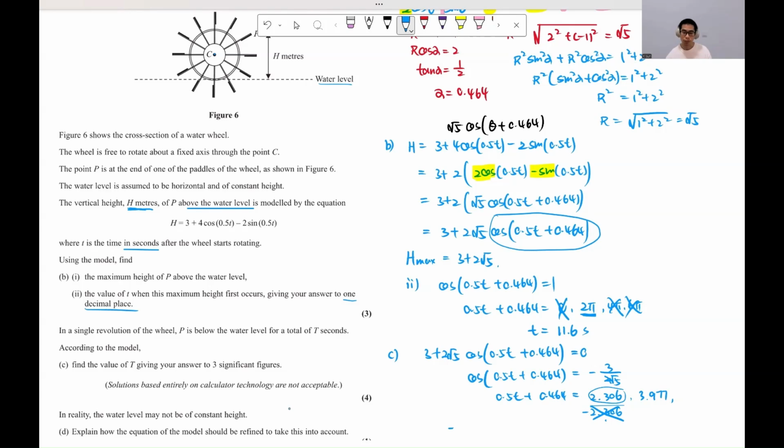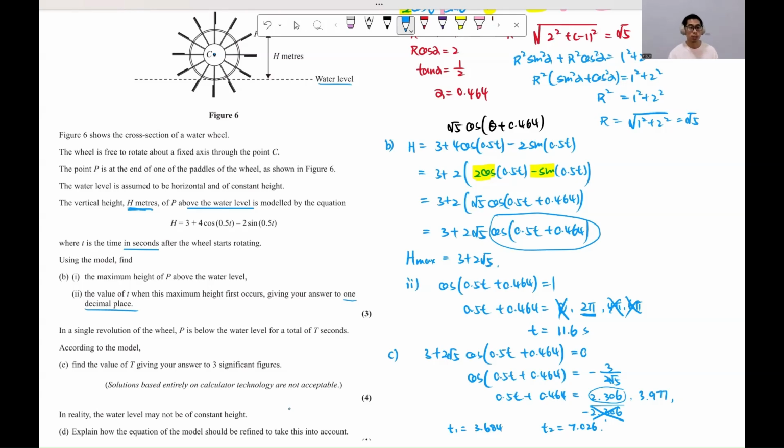Once we solve that, T1 is equal to 2.306 minus 0.464, and then divide by 0.5. That is equal to 3.684. And then T2 is equal to 3.977 minus 0.464, and then divide by 0.5. That would be 7.026.